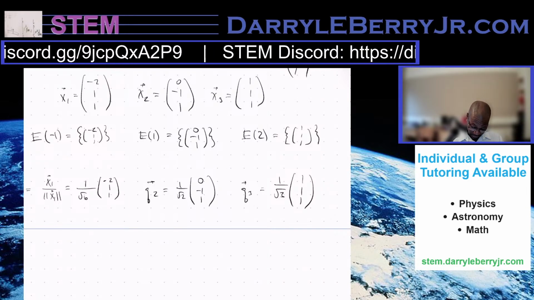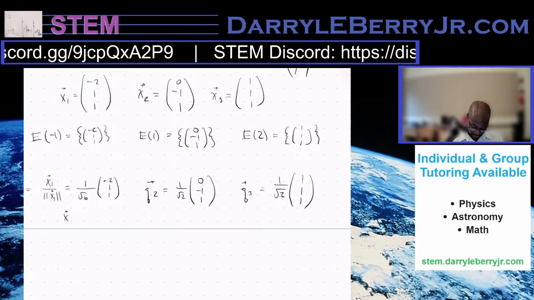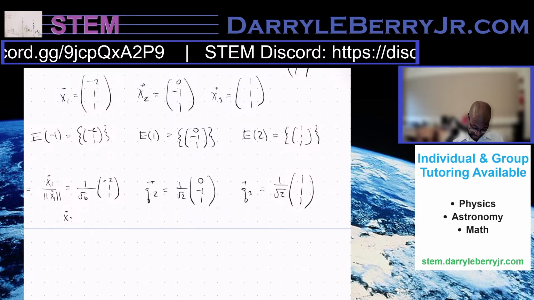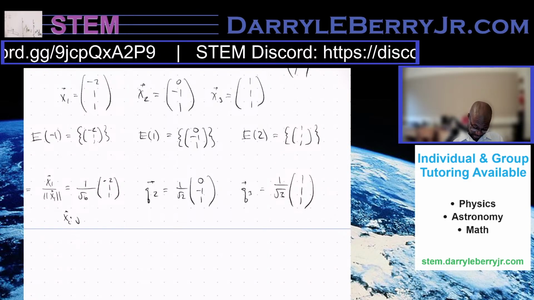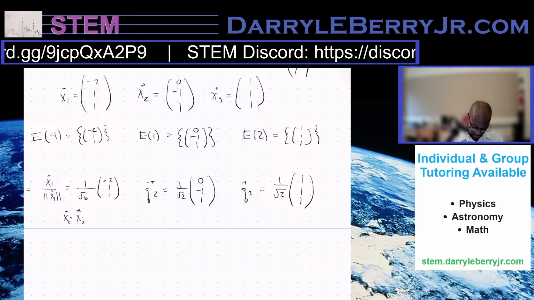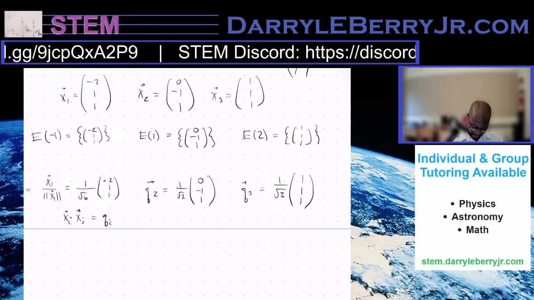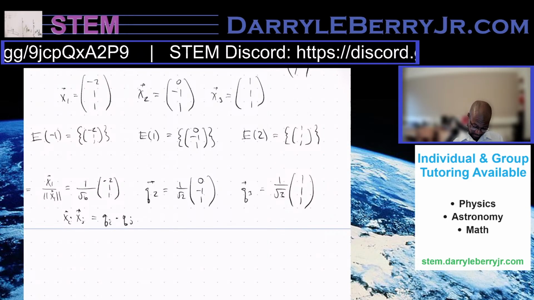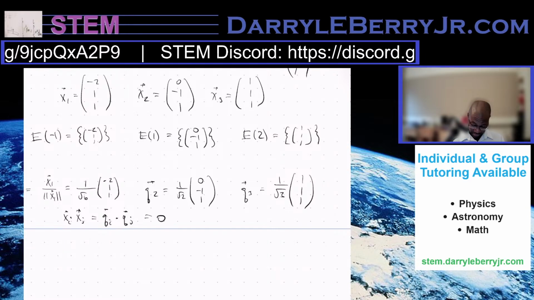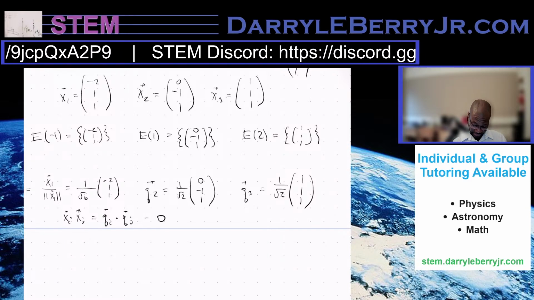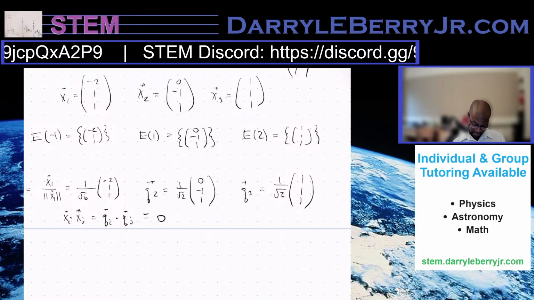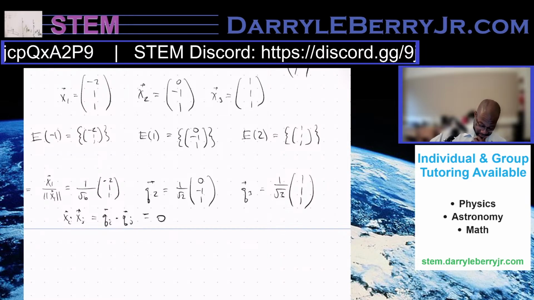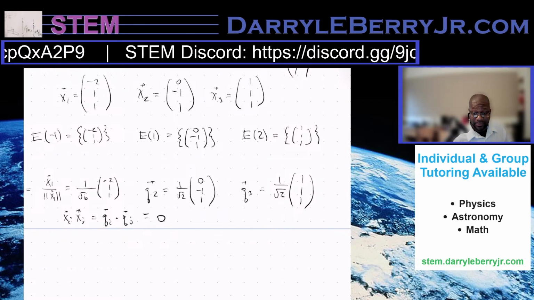So xi dot xj equals qi dot qj equals 0. So they're all right angles to each other. And now the bottom one is also unit vectors.